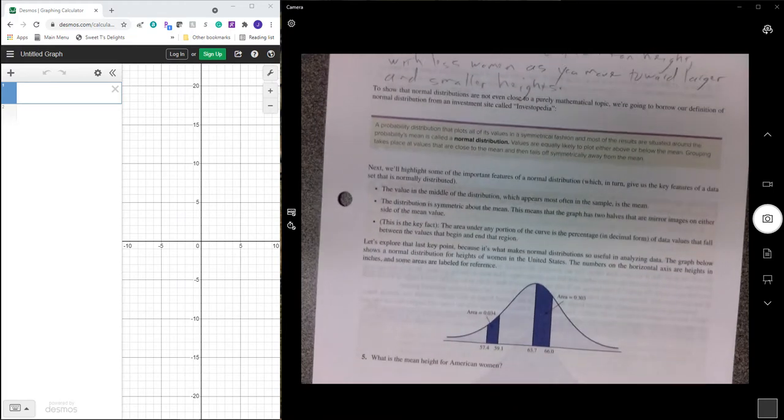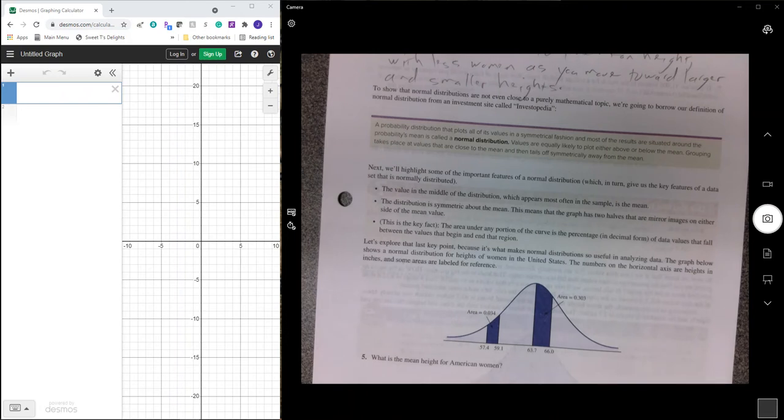Okay, now it says, next we'll highlight some of the important features of a normal distribution, which in turn give us the key features of a data set that is normally distributed. The value in the middle of the distribution, which appears most often in a sample, is the mean. The distribution is symmetric about the mean.